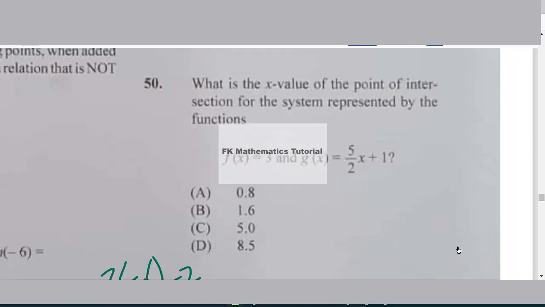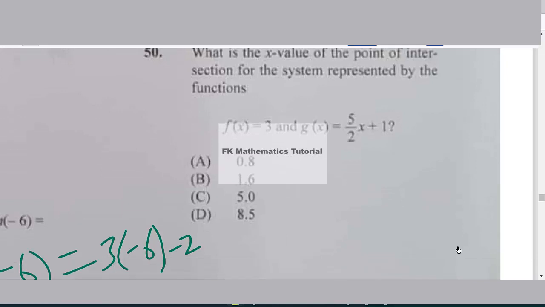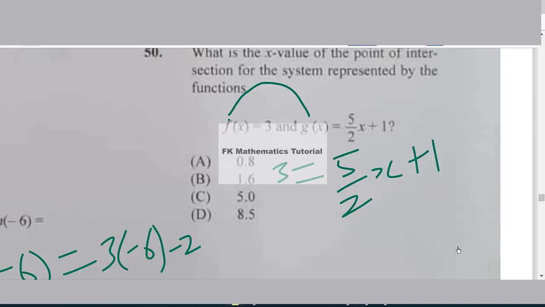What is the x value of the points of intersection for the system represented by the functions f of x equals 3 and g of x equals 5 over 2x plus 1? We're going to equate these two functions. So 3 is equal to 5 over 2x plus 1.